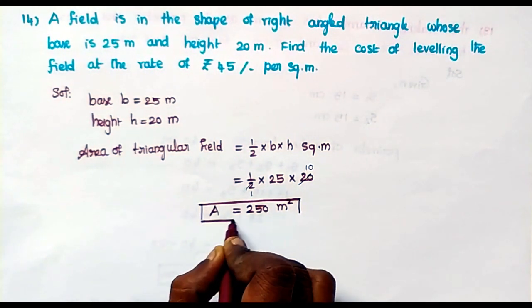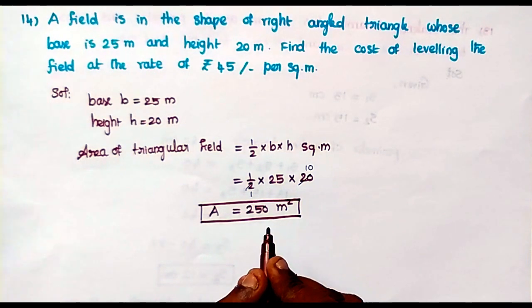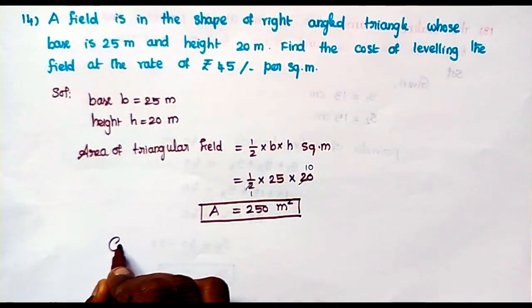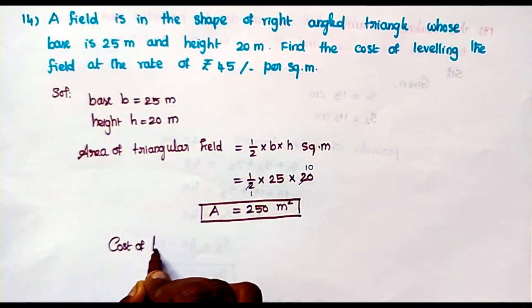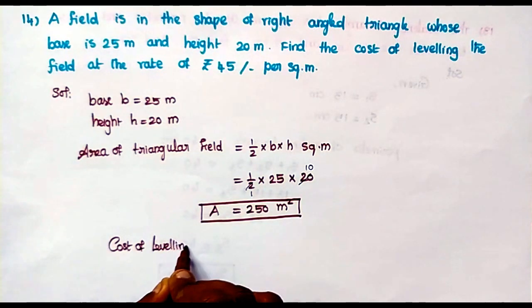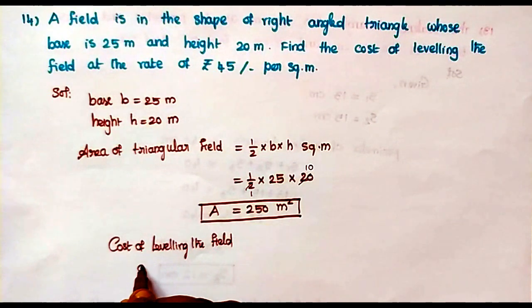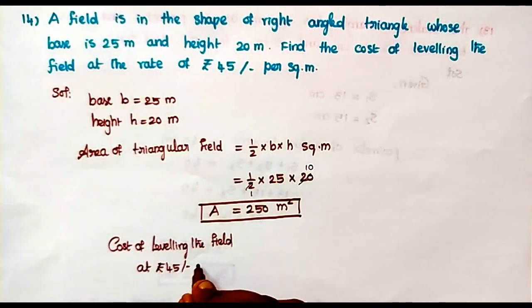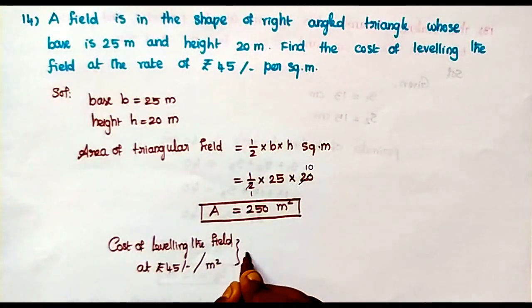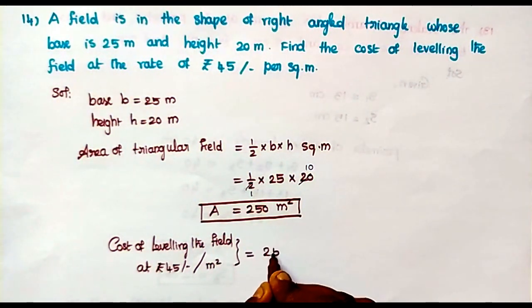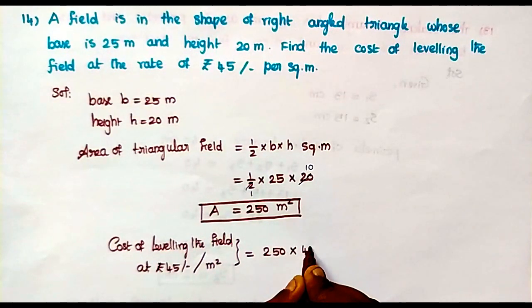And one more thing they given, that is cost of leveling. So cost of leveling the field at rupees 45 per meter square. So 250 into 45.